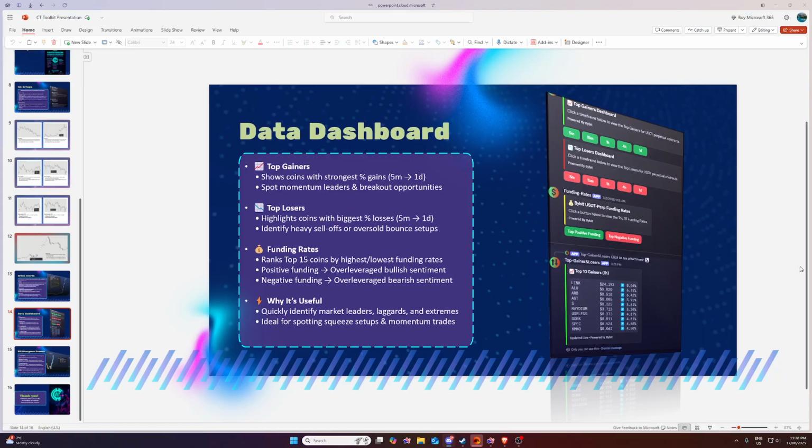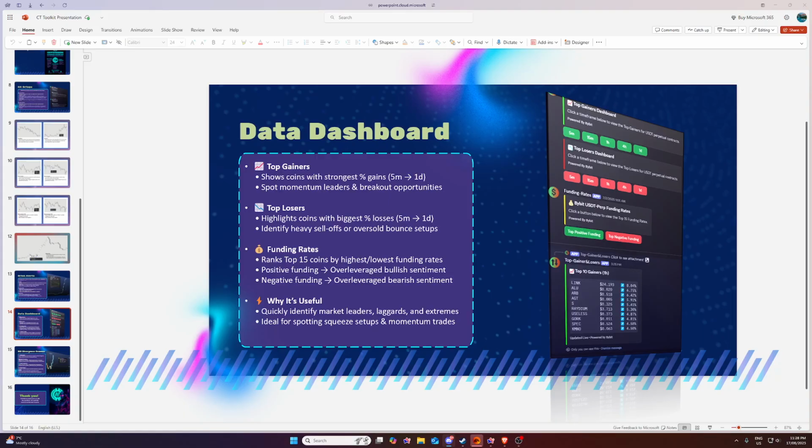Funding rates: it shows the top 15 coins by highest and lowest funding rates, and if you're not aware, funding rates basically indicate where futures traders are positioned. Negative funding indicates overcrowding of short positions, which is bullish, and positive funding rates indicate overcrowded long trades, which is bearish.